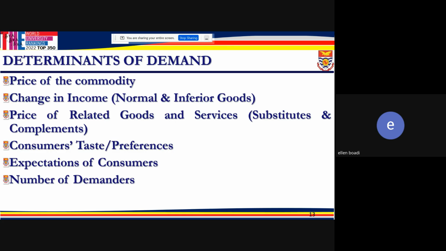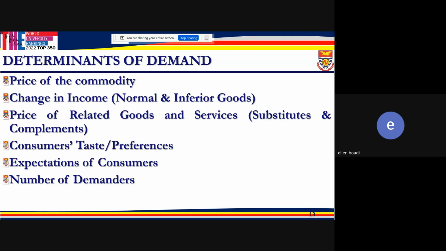Then, if they are complements, it means the commodities are used together. If the commodities are used together, when the quantity demanded of one increases, the quantity of the other also increases. Can you think of any commodities that are used together?